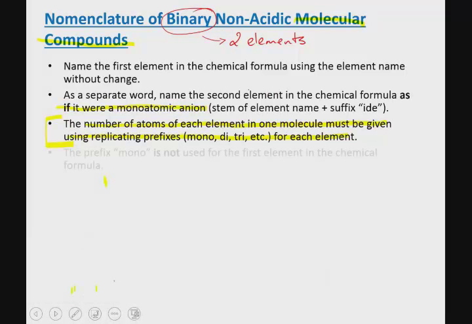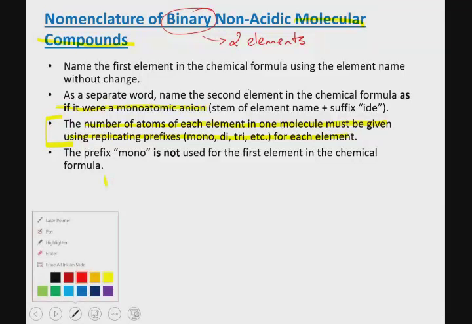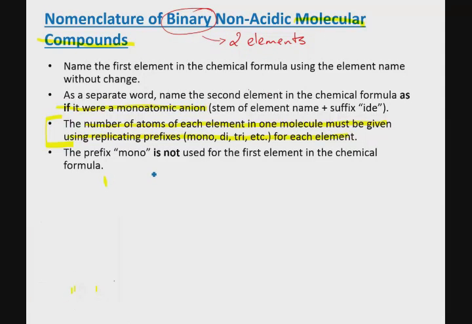Once you have done that, you also need to remember that if there was only one atom of the first listed element, we do not use the prefix mono. That's the only prefix that we do not use for the first listed element. Let me give you an example. For example, CO. If you follow the rules, you would have to say monocarbon, meaning one carbon atom, and then monooxygen.